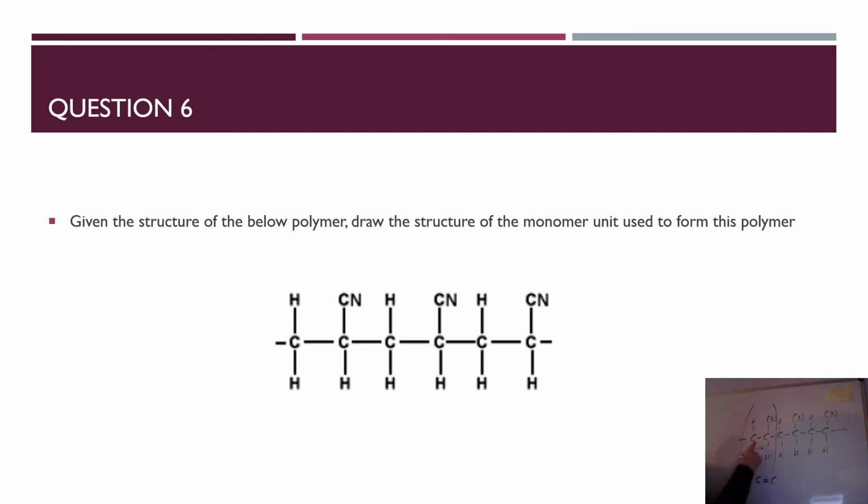So you place in your carbon-to-carbon double bond between here and here, copy what you have here and here, that's hydrogen and hydrogen, and here, it's your CN down to your H. You're not asked, nor would you be expected to name that, but you'd be expected to draw it. So that's your monomer, that's your polymer.